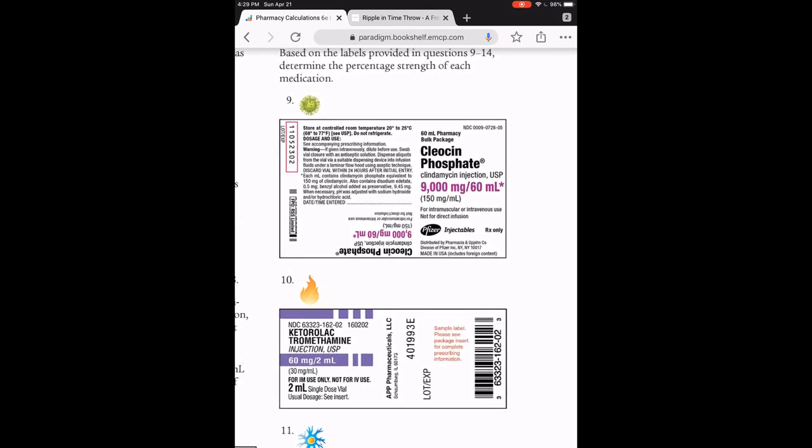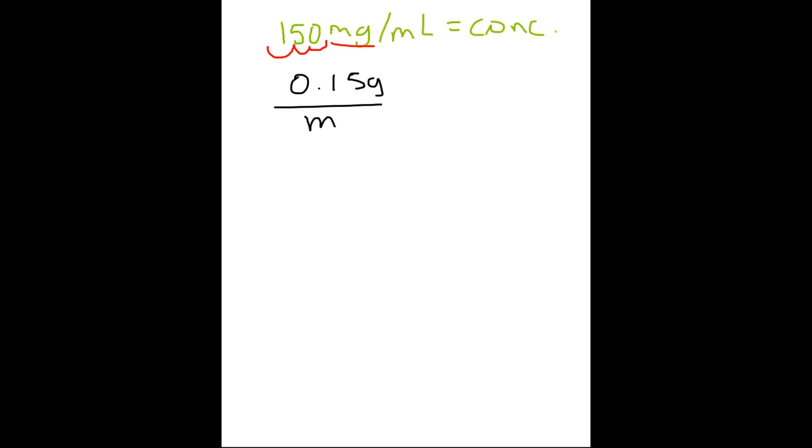Let me go to the whiteboard. So we said that there was 150 milligrams per mL, and this is our concentration. So in order to convert this milligrams to grams, we were just going to move our imaginary decimal 3 spaces to the left, and we would get 0.15 grams per milliliter.